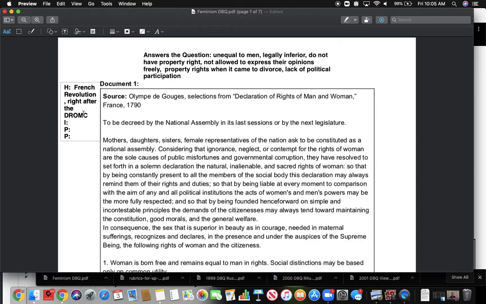All of these wonderful Enlightenment values that were supposed to be applied weren't given to women. And so we see that it's the French Revolution. We know it's the modern era. There's Enlightenment values that have spread.